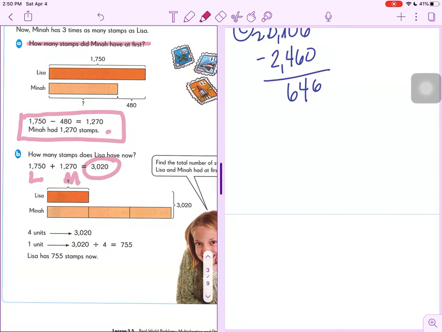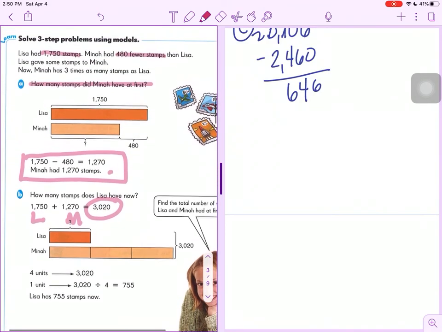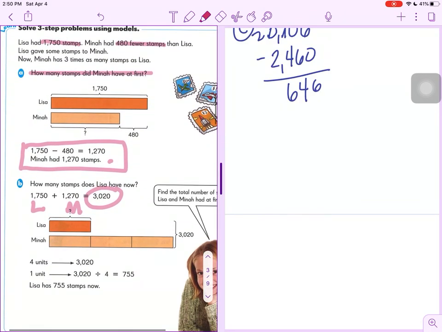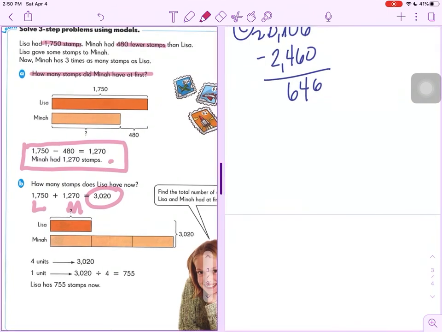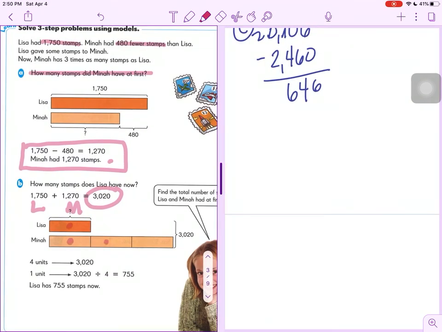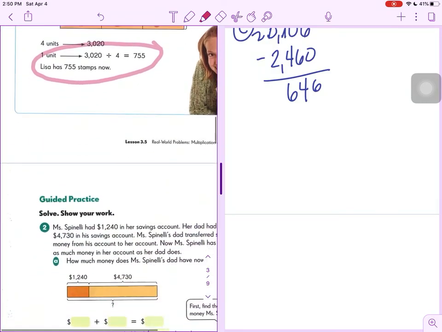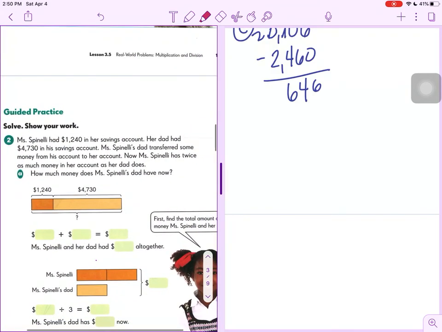So we are dividing 3,020 divided by 4 because Mina has 3 times as many stamps as Lisa. We have to divide it by 4 because we can't forget about Lisa's amount, which counts as a unit. So 3,020 divided by 4 equals 755. Lisa has 755 stamps right now.